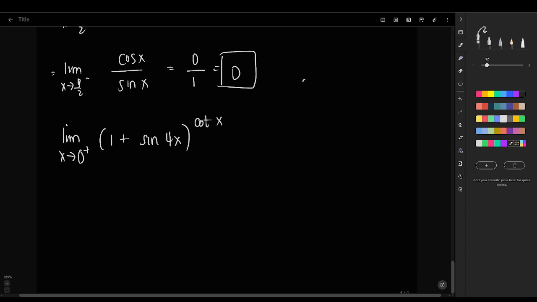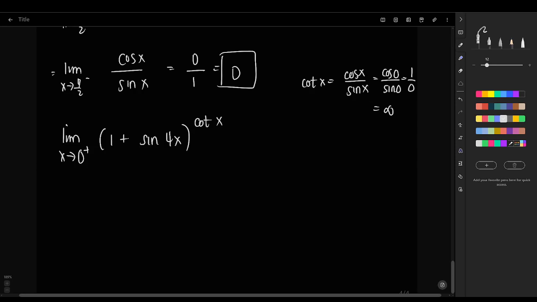Reminding that cotangent x is cosine x over sine x, right? And our value of x here is 0, so this is cosine 0 all over sine 0. Cosine 0 is 1, while sine 0 is 0. So this will lead you to infinity, and the exponent to infinity is still infinity. So this gives you an indeterminate value.